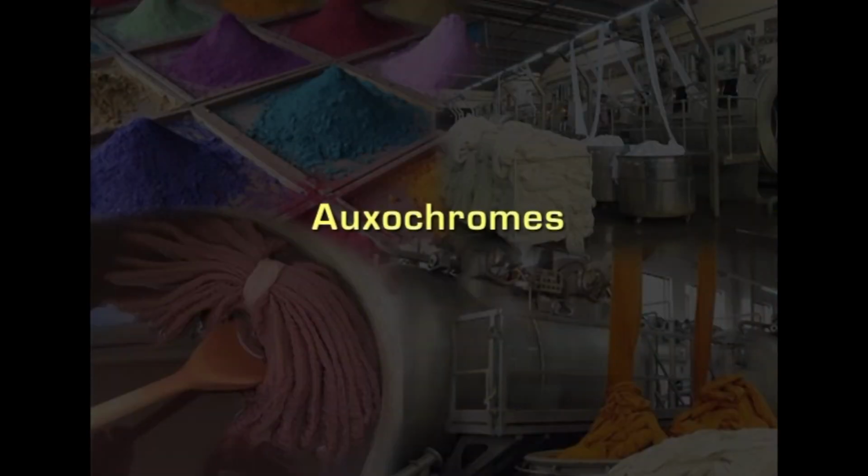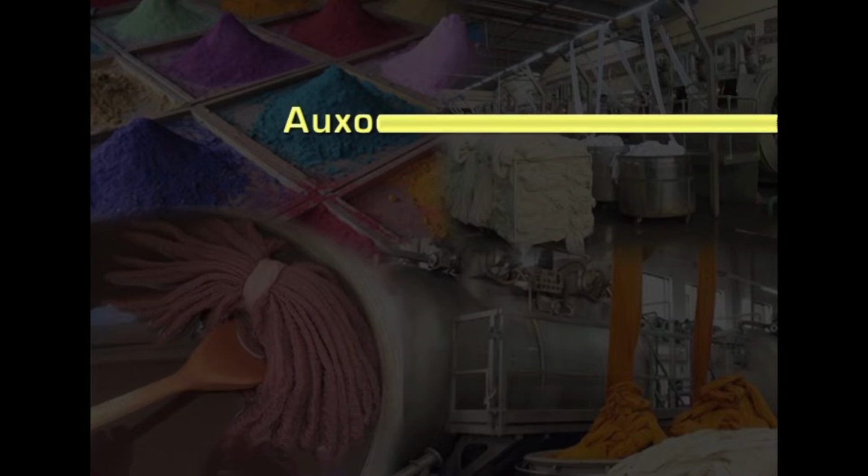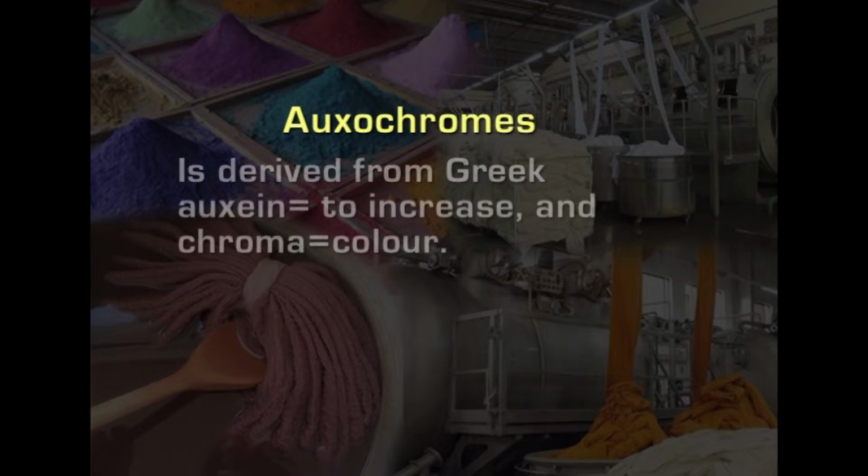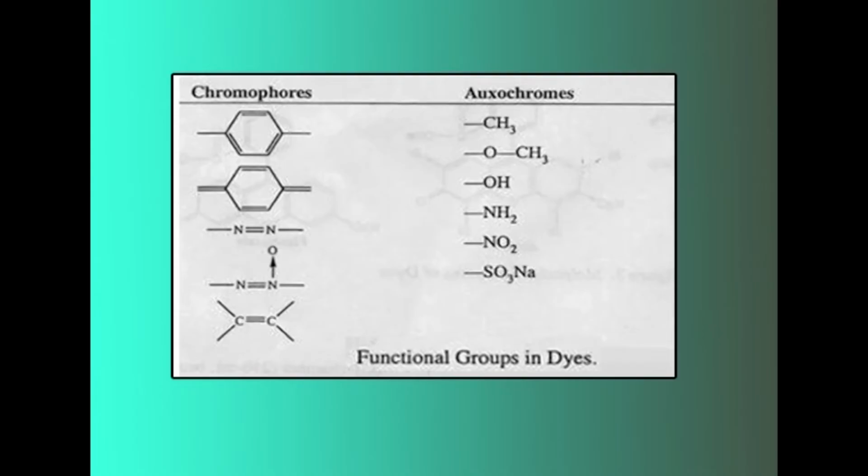Then coming to oxochromes, the intensity or the brilliance of the color depends upon the substances that are called oxochromes. The name is again derived from Greek, oxin meaning to increase, and chroma meaning color. These oxochromes are also organic radicals, which include carboxyl groups, sulfonic groups, amino groups, methyl amino groups, hydroxyl groups, and so on.